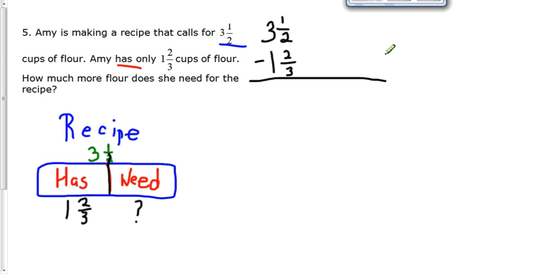Okay, if you look up top, I have the problem set up. We have 3½, take away the 1 2/3 she already has. Now, since we're subtracting, we have to have a common denominator. My denominators are 2 and 3, so a common denominator here would be 6. That means I would have a scale factor on that first one of 3. 2 times 3 is 6.